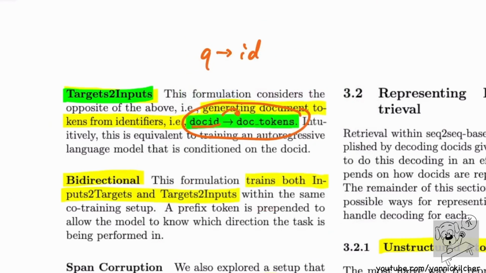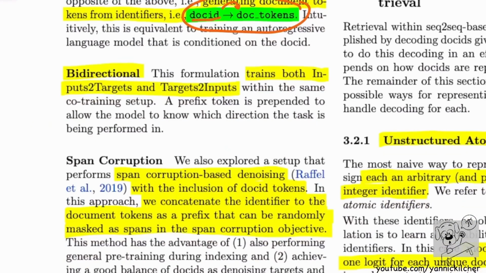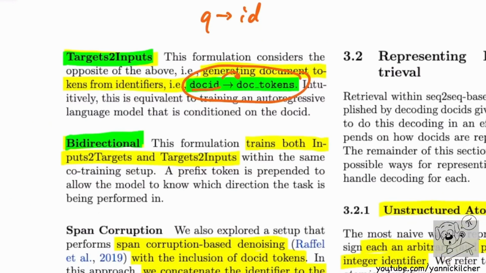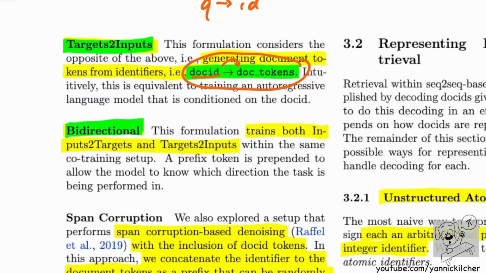It doesn't work, it turns out. There's also bidirectional, where both are done. During training, there's a multitask setup where sometimes you do doc ID to tokens and sometimes tokens to doc ID. Also in their experiments, the bidirectional method doesn't improve much over just the plain method.